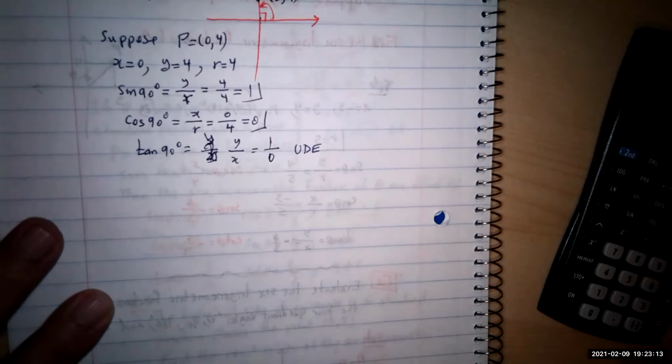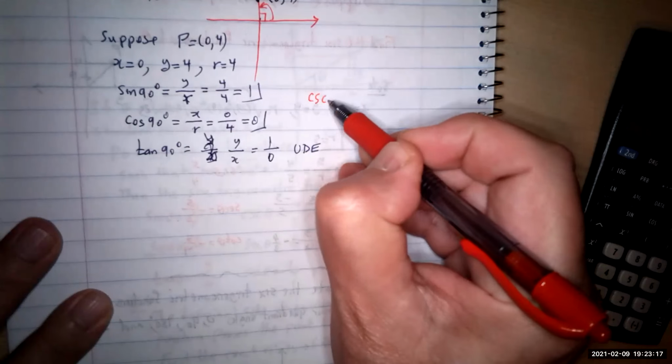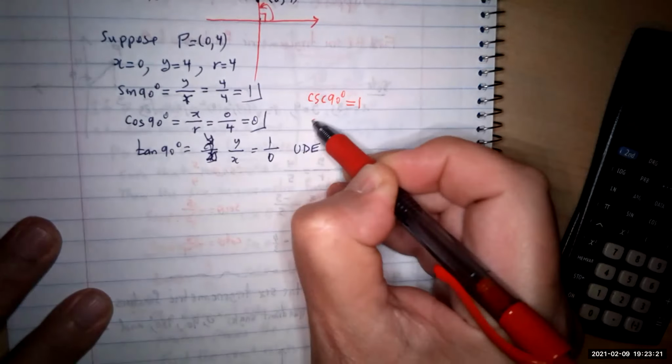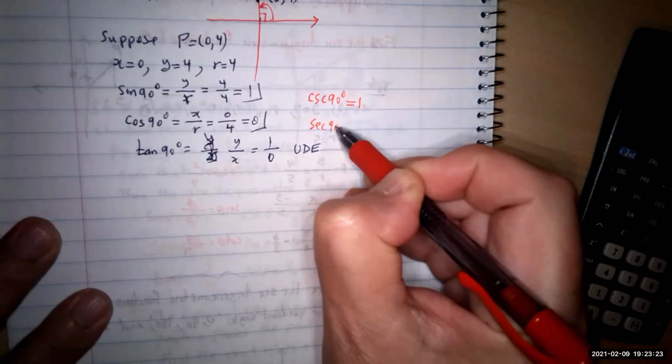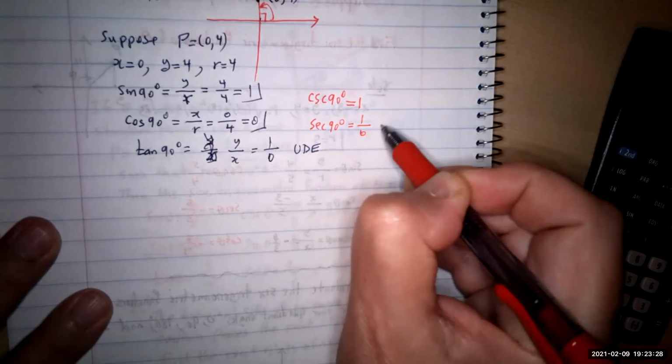Okay, and the reciprocal of the sine gives you the cosecant of the 90 degrees, which is 1. The secant of 90 degrees is undefined because it's going to be 1 over 0.